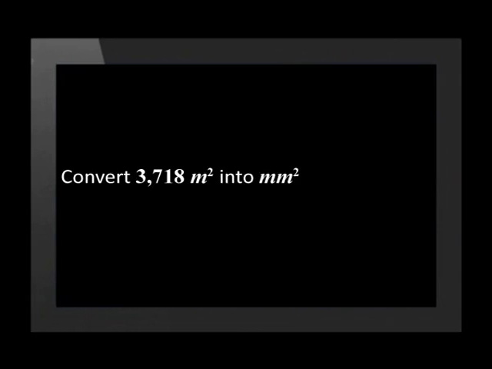We will do one more example for converting area. Convert 3,718 meters squared into millimeters squared. We will use a table again. In the first row of the table, we write the units used in the question. We write meters squared in the left-hand column and millimeters squared in the right-hand column.